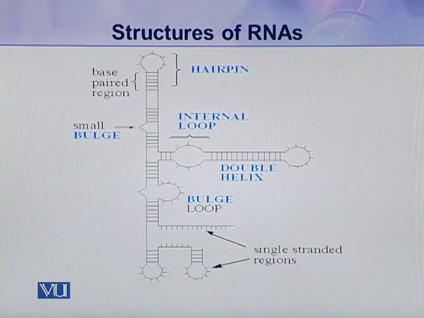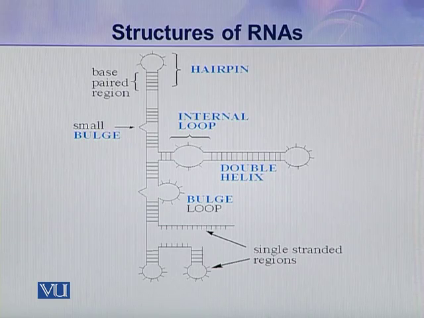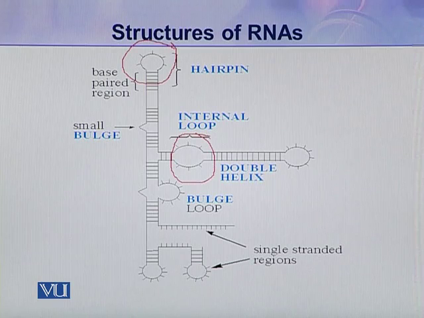So this can be made clear by this illustration. In this illustration, you can see a number of secondary structures assumed by the ribonucleic acids. For example, here you can see this is a hairpin loop and this is an internal loop. This is not a hairpin loop.